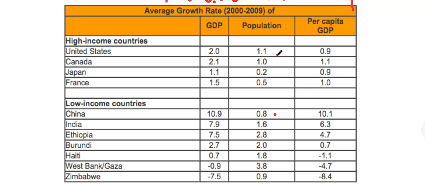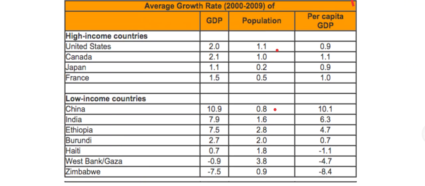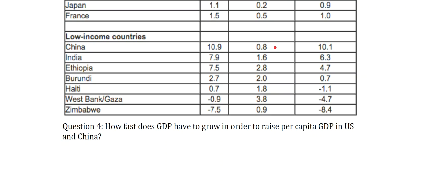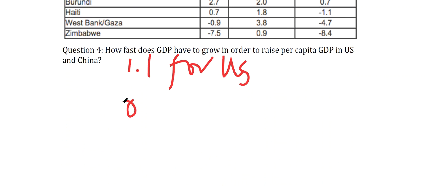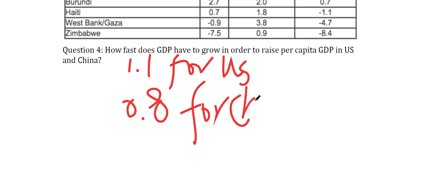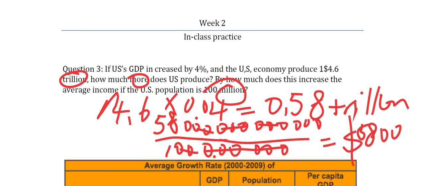In other words, in order for US GDP per capita to be at least not decreasing, the minimum growth rate for the GDP will be 1.1 for the US. For China, the population growth rate will be 0.8, so the minimum growth rate for GDP will be 0.8 for China if we want to see growth of the per capita GDP.